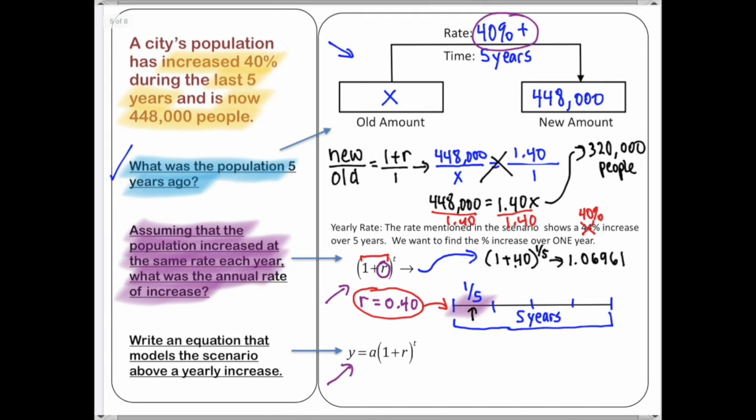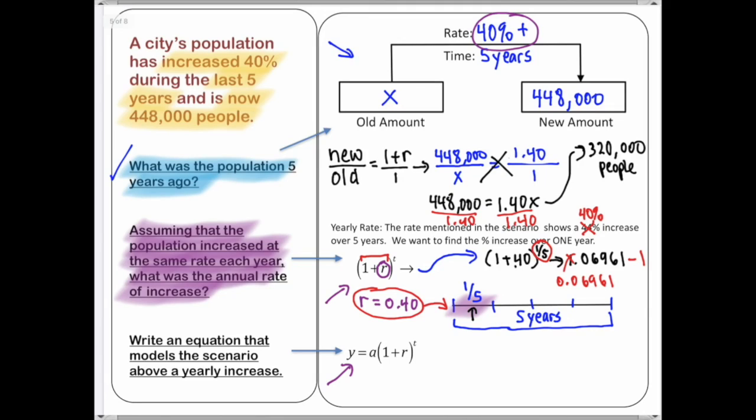What we want to do to get the rate for 1 year out of 5 is to subtract that 1 out of there. So when we subtract the 1, basically that one's going to be gone, and we get 0.06961.